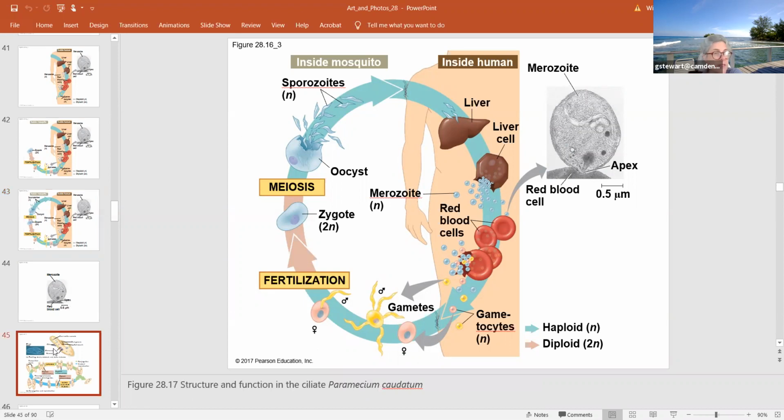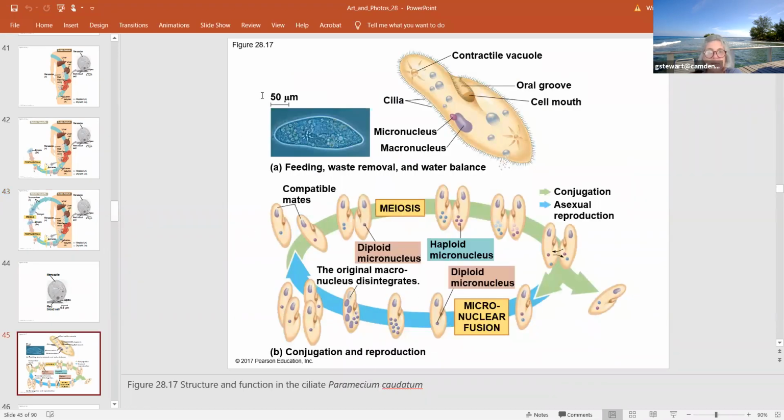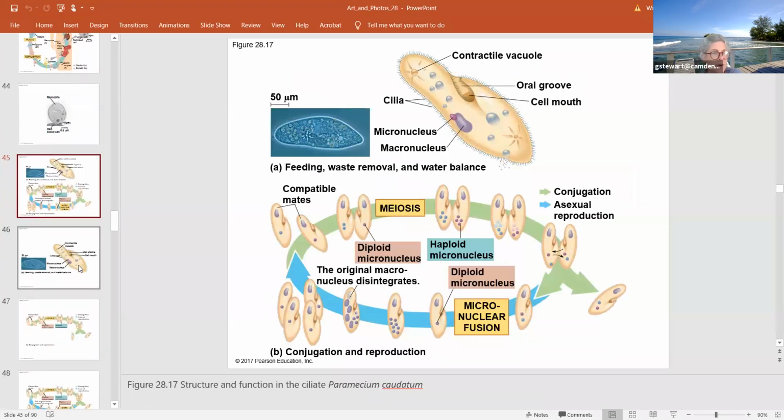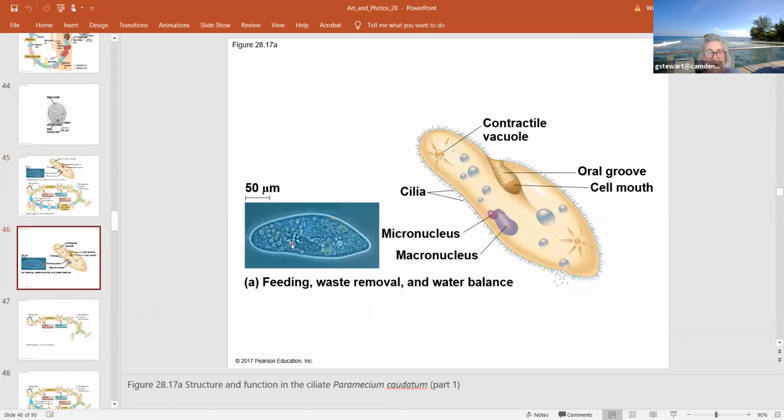And then last but not least of this group are the ciliates, and we usually use paramecium for our ciliate picture. Here's one that's not as complex. You can see that they're covered in little, what would be like flagella, 9 pairs of microtubules with 2 in the middle, except they're much shorter. They swim very fast. These are all free living, and most of them are freshwater.